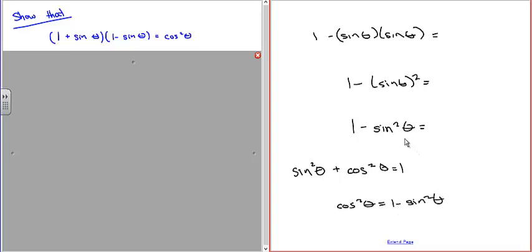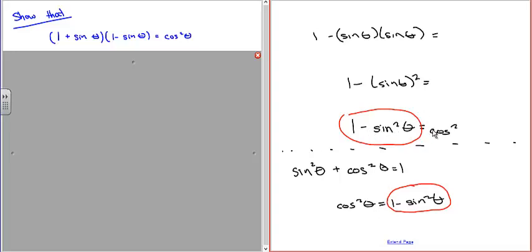Okay, so you can see what I have here. It's the same as rearranging this Pythagorean identity. So, going back up here, 1 minus sine squared theta is equal to cosine squared theta. And that's what I was originally trying to prove. So then I go check.